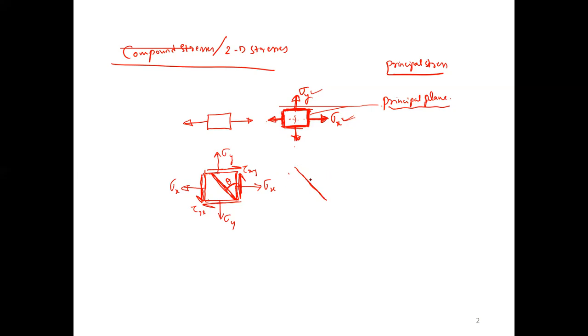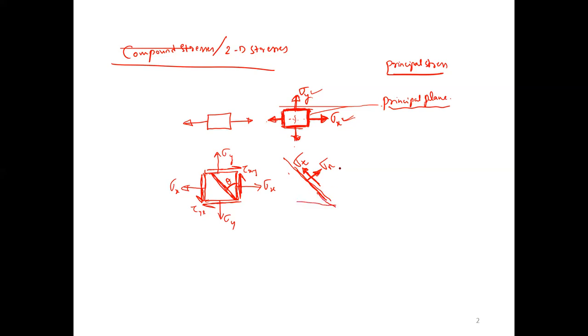What happens? Perpendicular to the plane, whatever force develops is called normal stress, sigma n. And there is one more force parallel to the plane. That is not shear, that is tangential, sigma t. Whatever I have written, I have just elaborated.